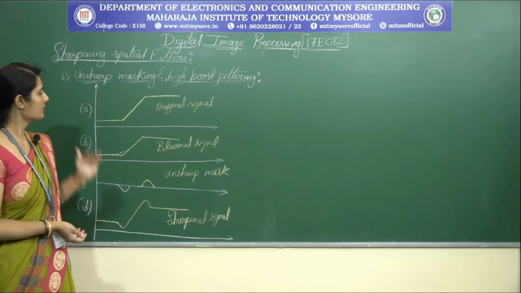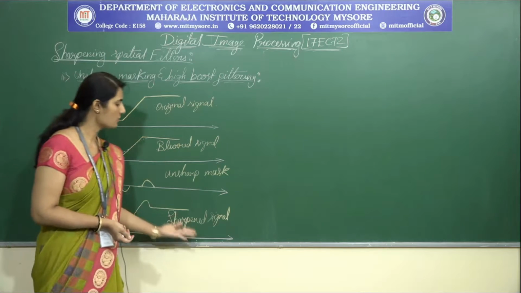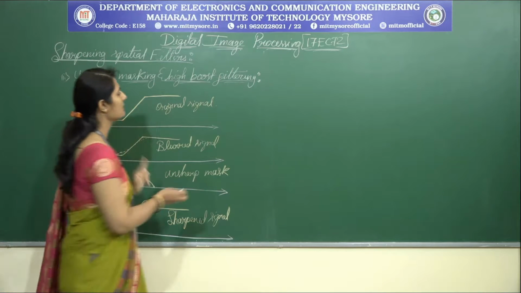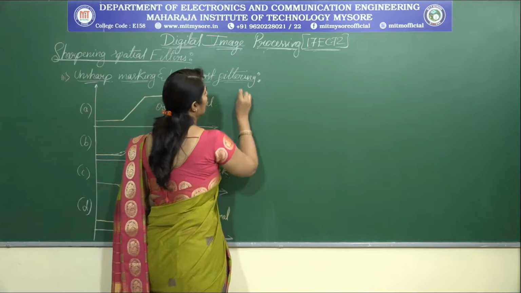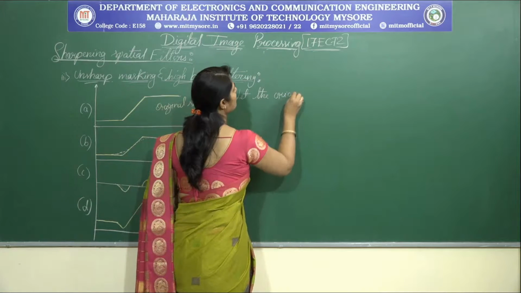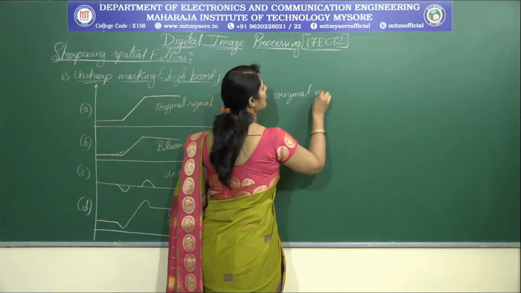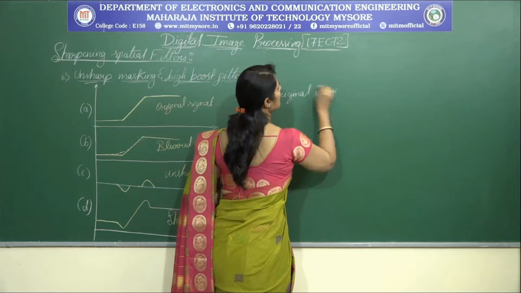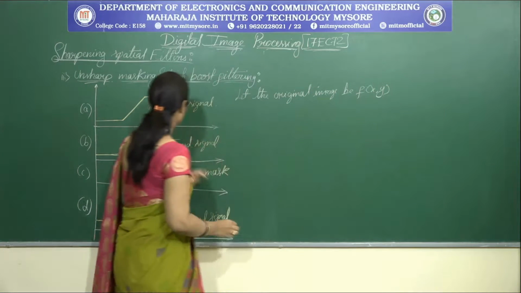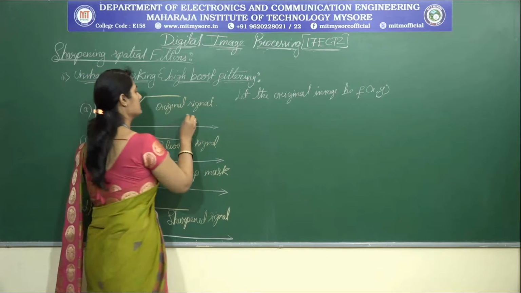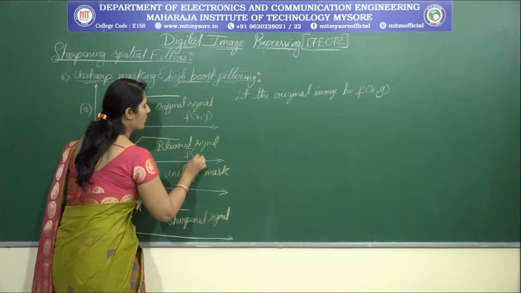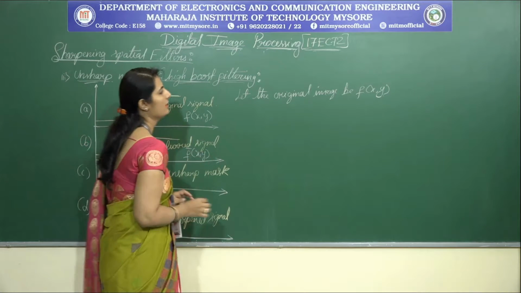Now we can also develop an expression for the sharpened image. Let the original image be f of x comma y, and let the blurred image be f bar of x comma y.